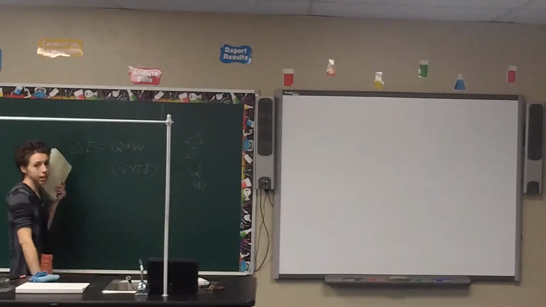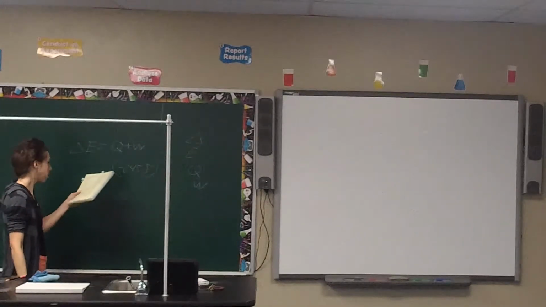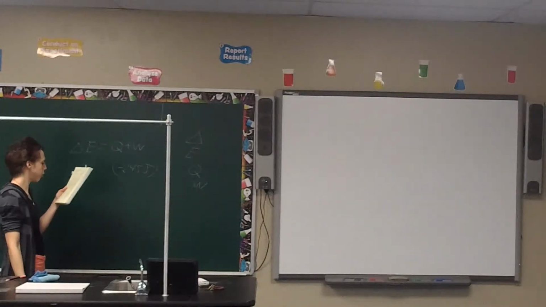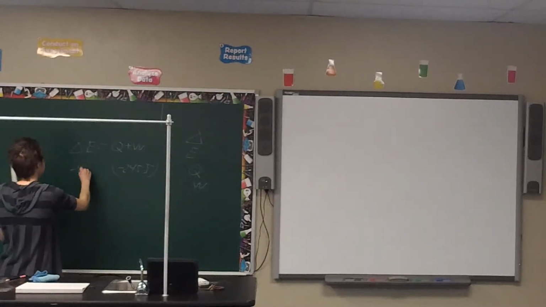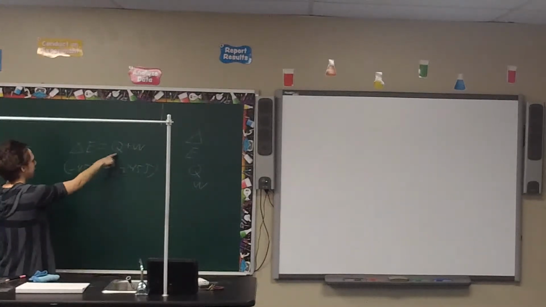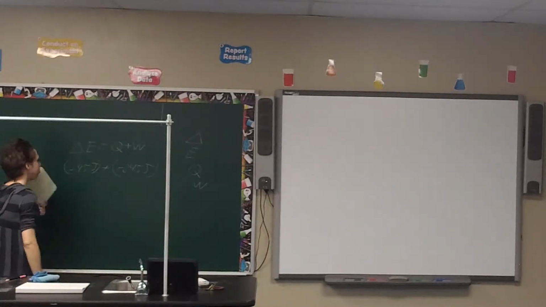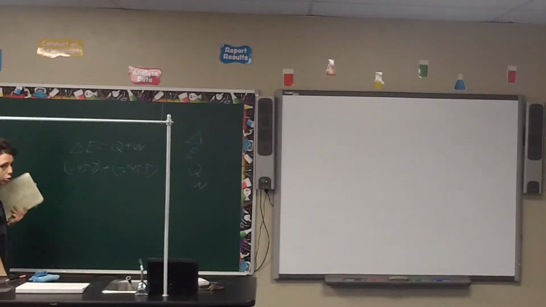Remember, joules is the SI unit for energy. So negative 245 joules, and then it says 45 joules of heat was lost to the surroundings. So it also lost 45 joules. So it's heat plus work, so negative 45 joules plus negative 245 will equal what? Negative 290.